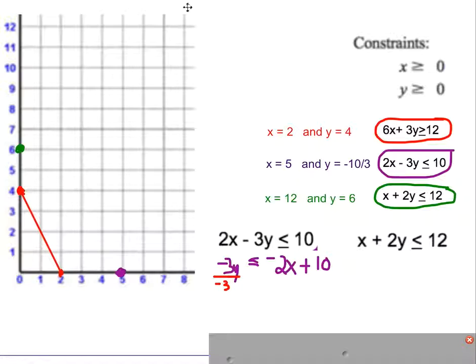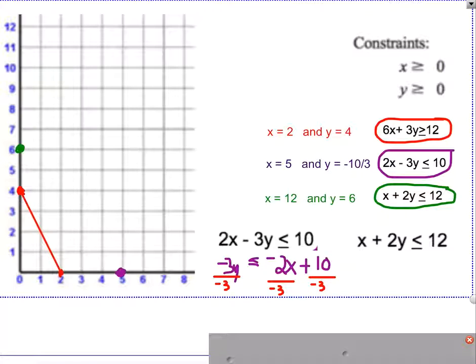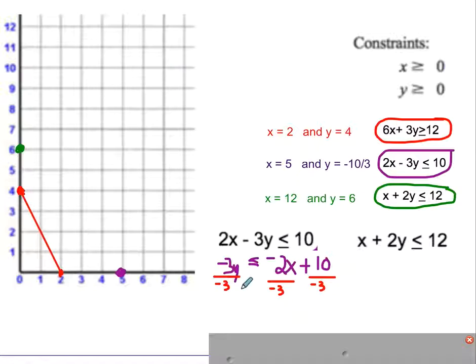So we're dividing each term by negative 3. And when you divide by a negative, this crosses off. When you divide by a negative, the inequality symbol has to flip. So this becomes greater than.